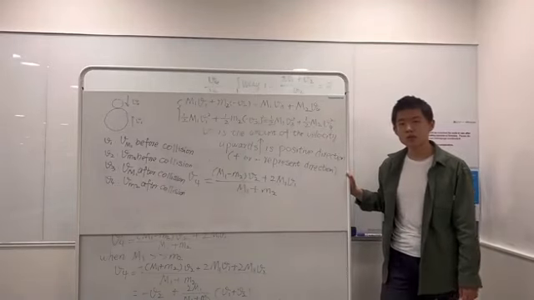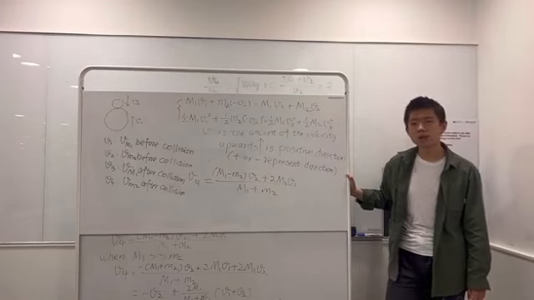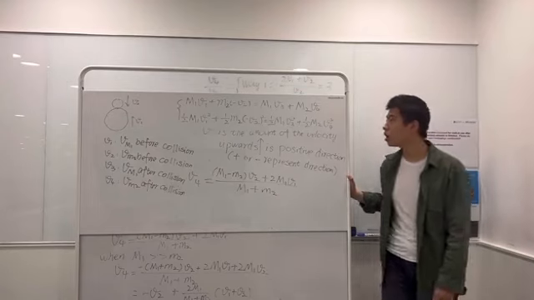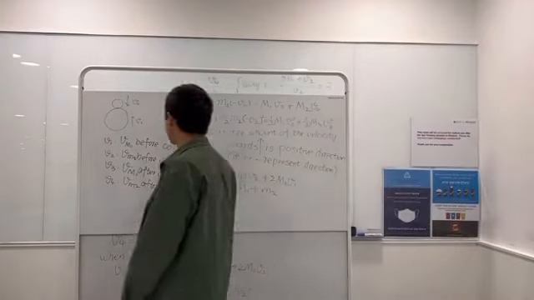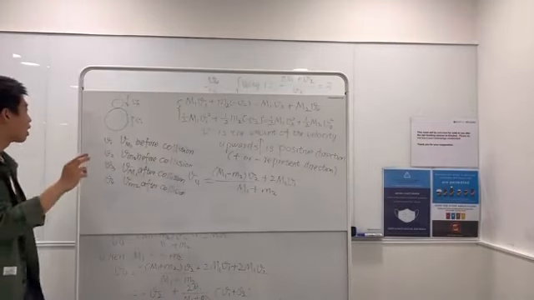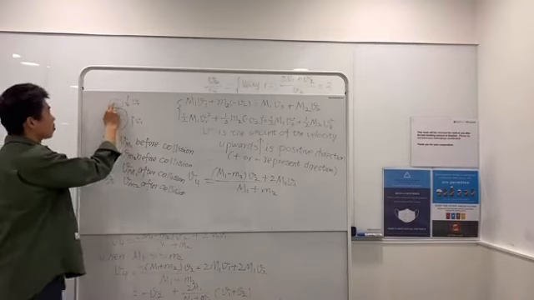Since the collision between these two balls occurs in a very short period of time, their momentum and kinetic energy can be regarded as conserved. By the conservation of momentum and kinetic energy, we can write down these two equations, where m1 represents the mass of the large ball, m2 represents the mass of the small ball.